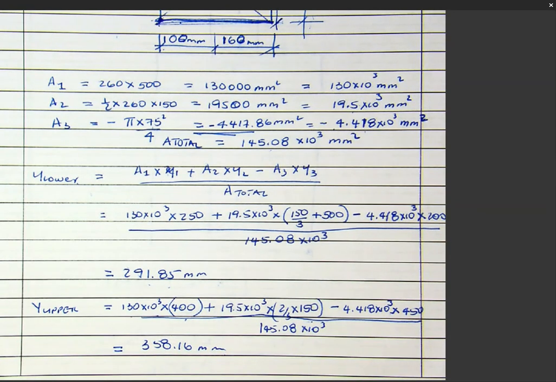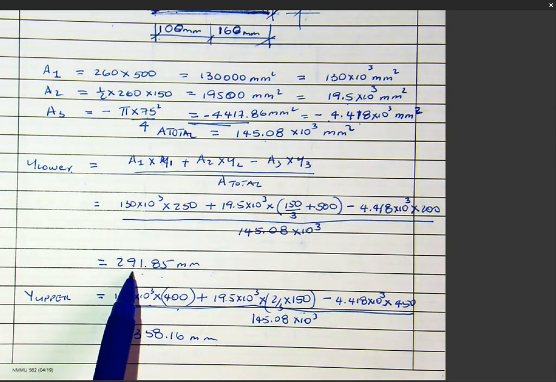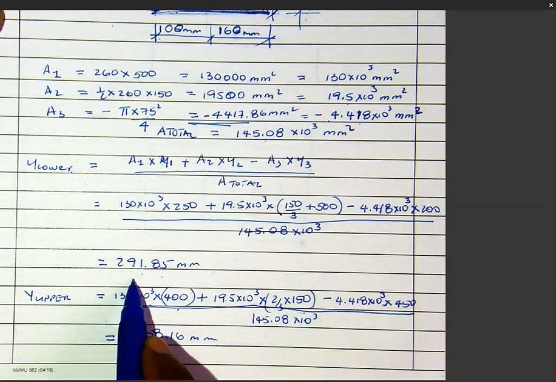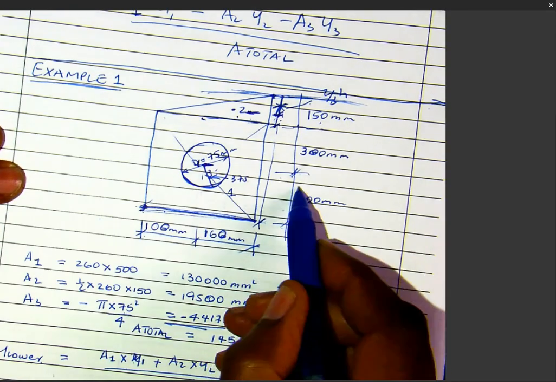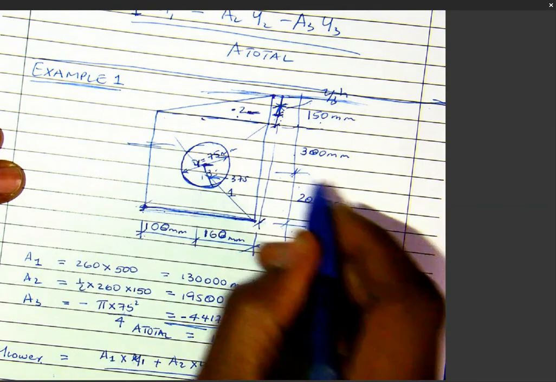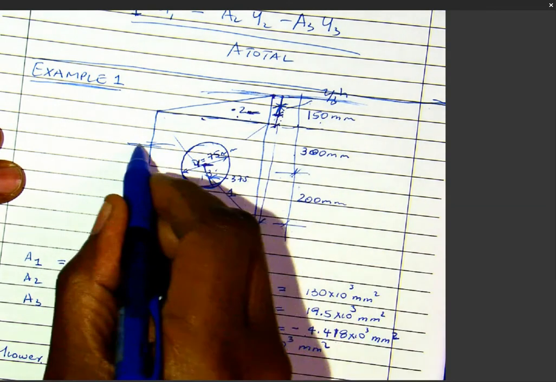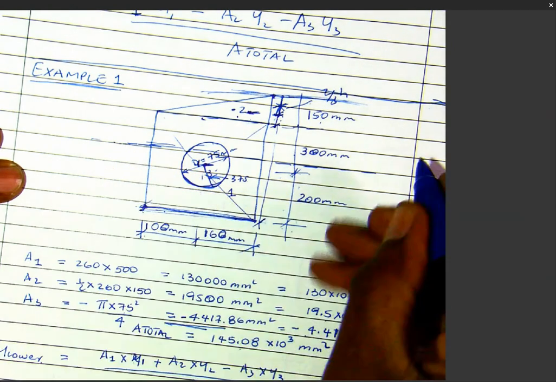Remember, there's rounding off, guys. That is going to work out. If you add this dimension y lower and y upper, then you've got 650. So this is 291, somewhere there. You don't know exactly, guys. That's the position of x.